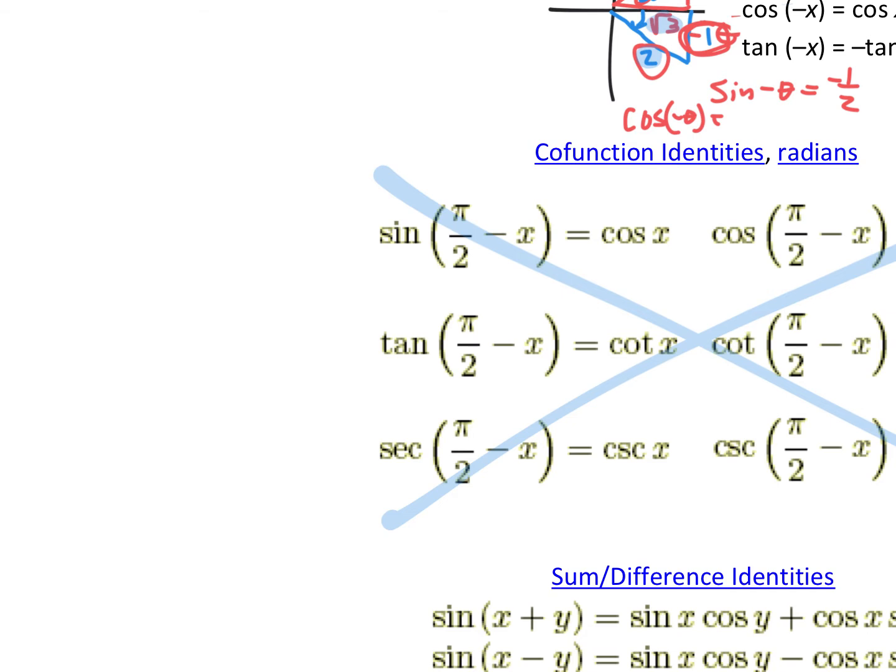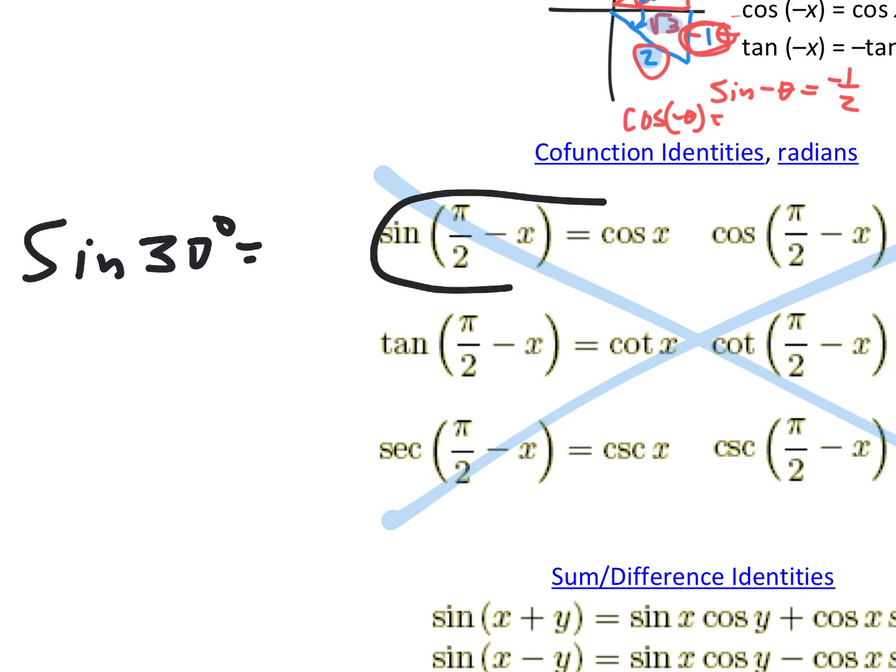If I said sine of 30, can anybody tell me what this is trying to say?